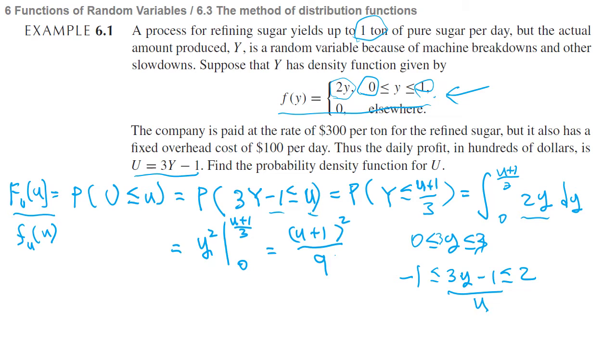So when u is larger than 2, then the distribution function is this one. So F_U(u) can be written as this.